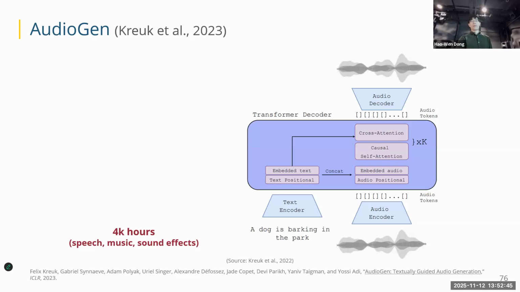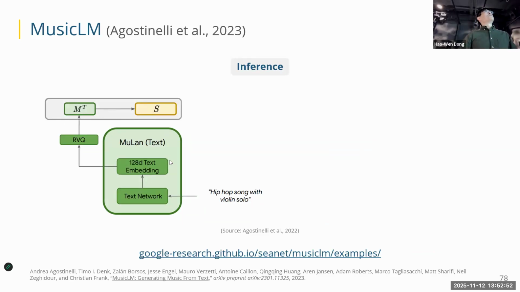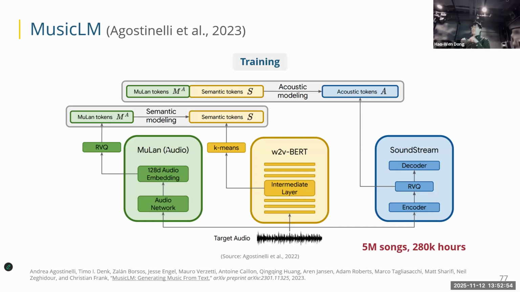MusicLM is a bit more complex, but the same idea, where the key idea is in this MuLan thing: during training, you use the audio to extract those tokens, those conditional inputs, sort of audio embedding. And during the inference time, now you only have text.